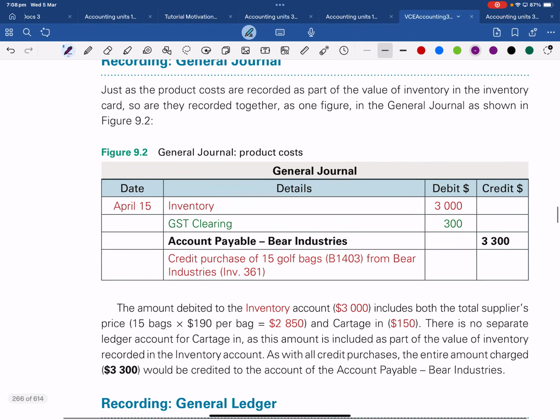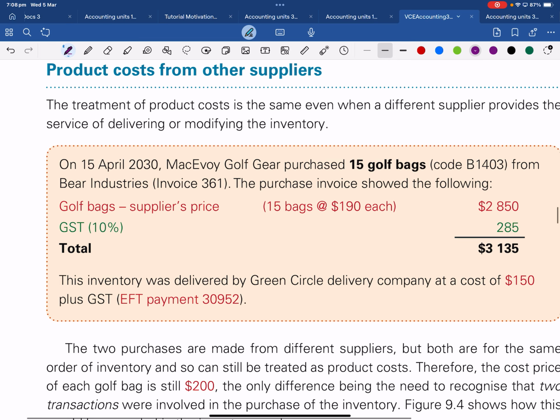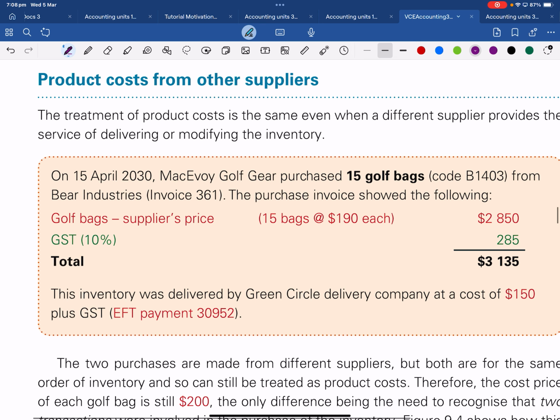Now see what is happening here. Same information, but a small difference. They still purchase 15 golf bags from Bear, invoice the same, price is 190.